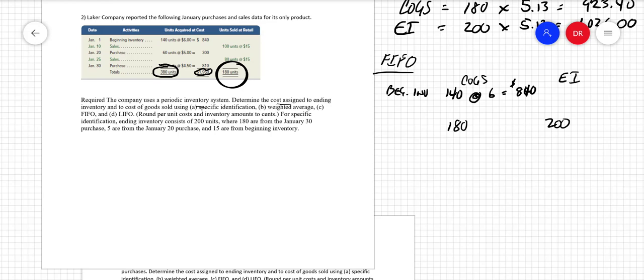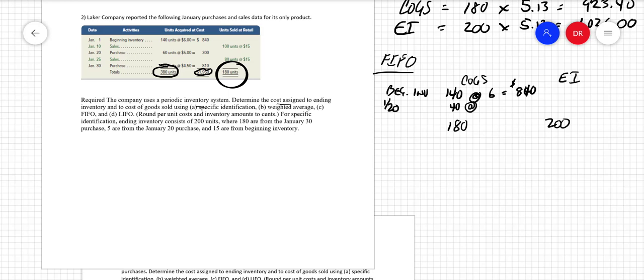And then we're going to have the purchase at January 20th, which is right here. And we had 60 units in it at $5. Now, the only thing we need to make up the total in cost of goods sold is 40 units, which means we're going to assume that the 40 units came out of this January 20th layer, and that we have 20 units left of that.